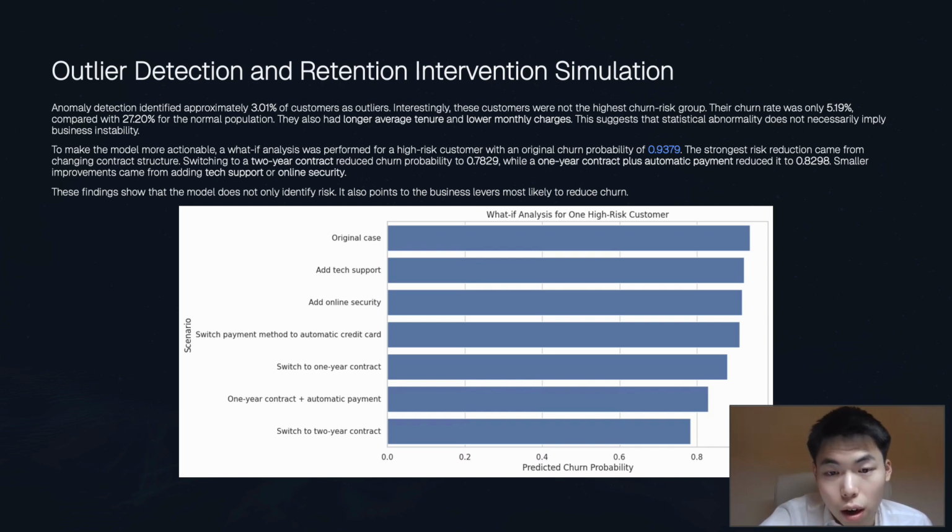Then I did what-if analysis for one high-risk customer, and the original churn probability was very high, about 0.96. I tested several possible changes. Small changes like adding tech support or online security helped a little, but the biggest improvement came from changing the contract type. So the key message here is clear: the strongest retention lever was contract redesign, not small service changes.